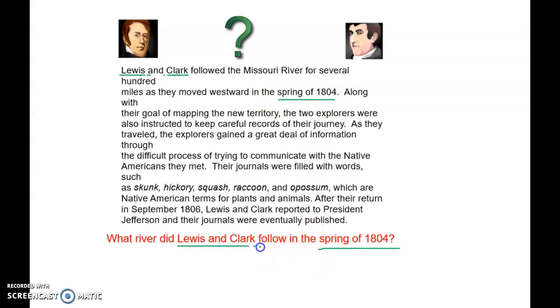The word follow and the word follow. So that would lead me to believe, if I'm looking for a river, that the river is the Missouri River. So Lewis and Clark followed the Missouri River in the spring of 1804.